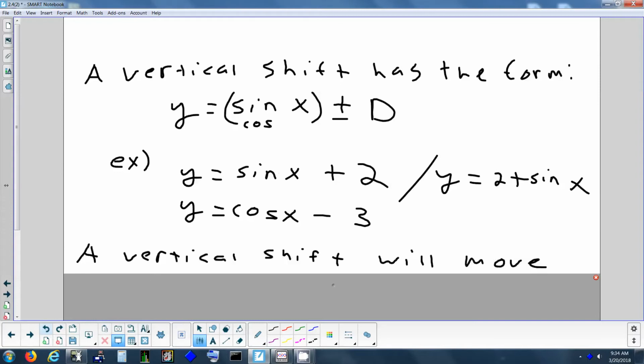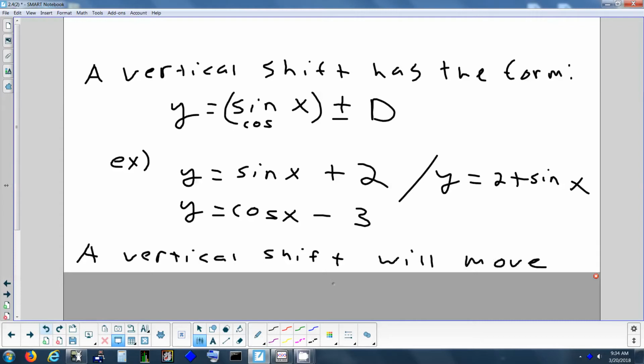All right. So, anyone have a guess which one is going to move up and which one is going to move down? Is the plus going to move up, or is it going to move down? Marisha, what do you think? Well, you got a 50-50 shot.